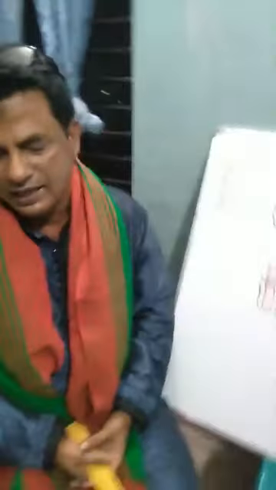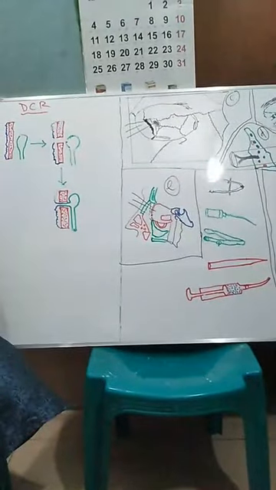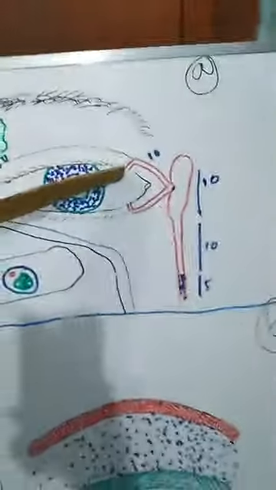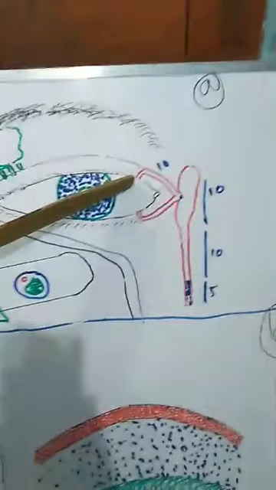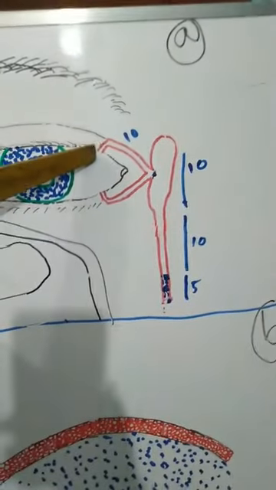At the very beginning, we detect the punctum. The punctum is first dilated with a Nettleship punctum dilator, used to dilate the opening.